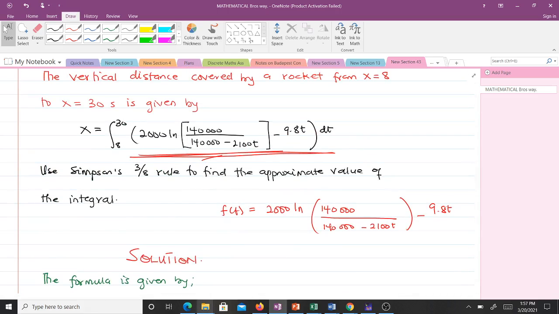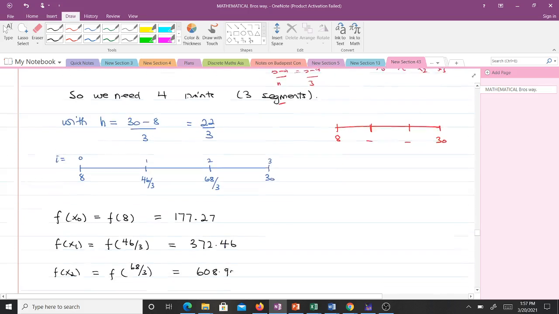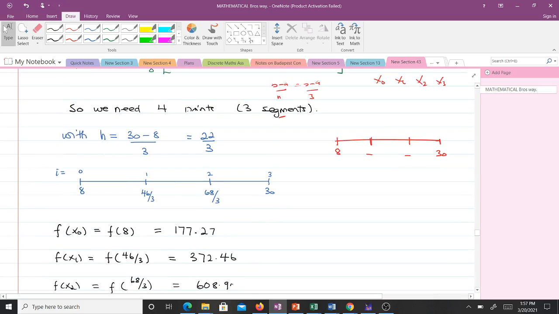So you can see here the upper limit is 30, so that is b. The lower limit is a, and that is 8. So putting it inside this formula, we'll get 30 minus 8 over 3, which will give us 22 over 3. Okay, so what this means is that our x0 will be equal to a, which is 8.